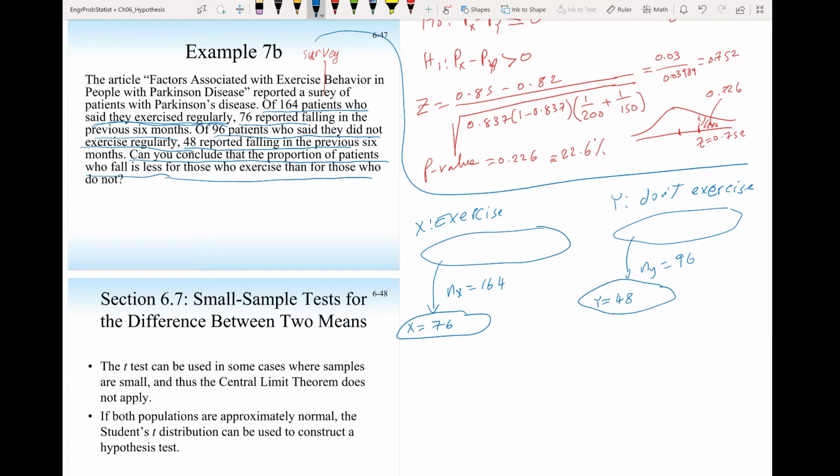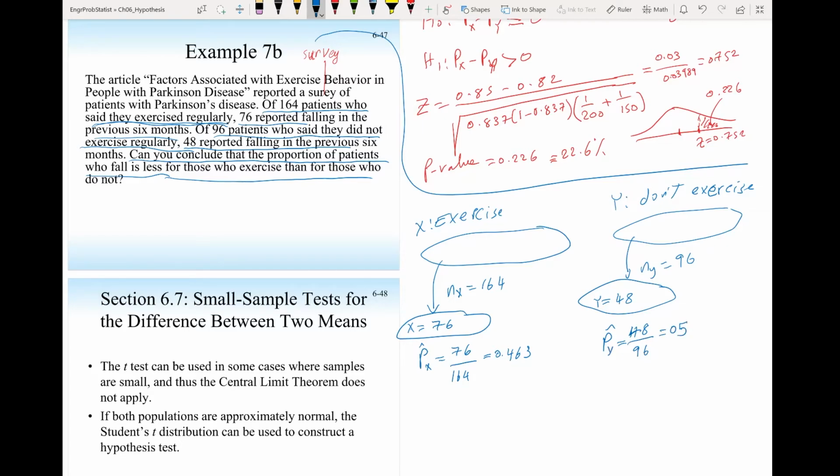So let's first calculate the proportion of falling for the patient who exercise, 76 divided by 164, and this should come 0.463. And the proportion of patient falling who don't exercise is 48 divided by 96, and this should come 0.5.